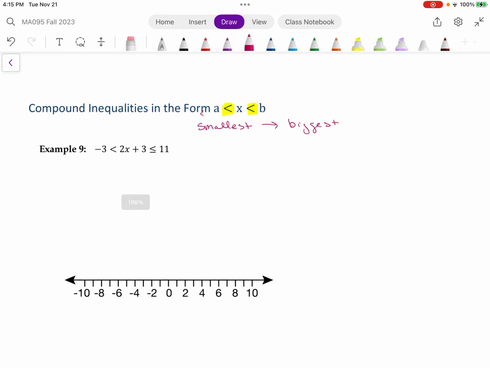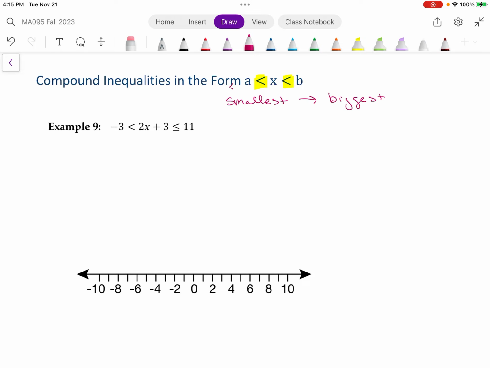All right, so this is interesting because we've got this compound inequality. So here's what we do. You're going to say minus 3 everywhere in all 3 places. So think about it like this. There's 3 sections, right? The 3 goes away here.